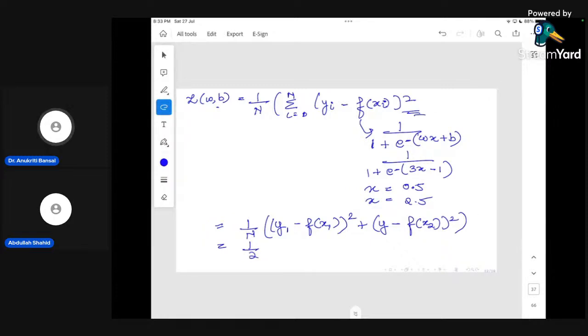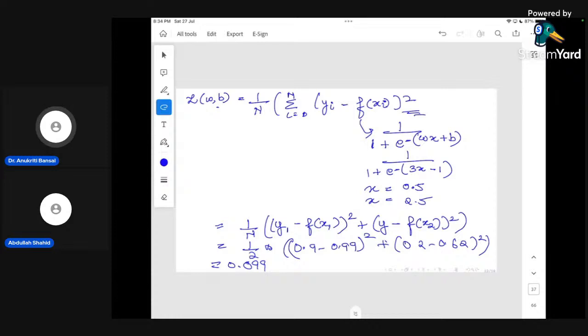I'm just writing it down. It will be around (0.9 minus 0.99) whole square plus (0.2 minus 0.62) whole square, which is 0.099. Okay. Now this is okay.